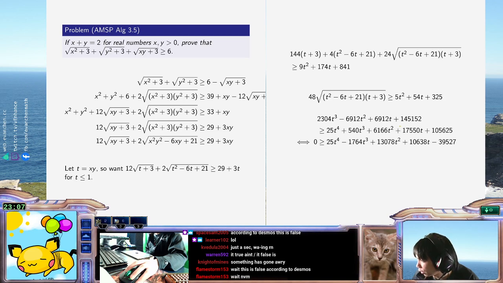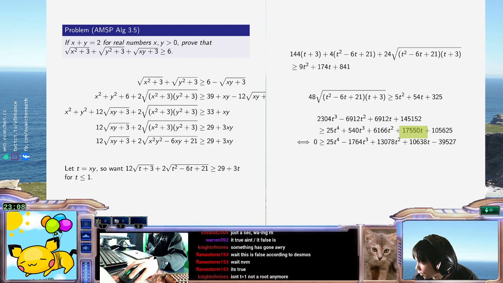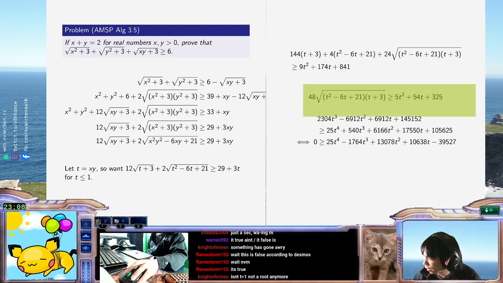I feel like there's a place where I subtracted rather than adding or something, but I don't see it. But there's no way the errors are that big. Yeah, t equals 1 is not a root, so something's wrong, and I can't figure out where it went wrong. Like, t equals 1 is still a root here.